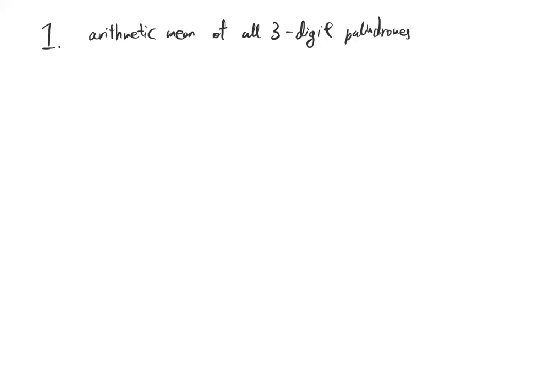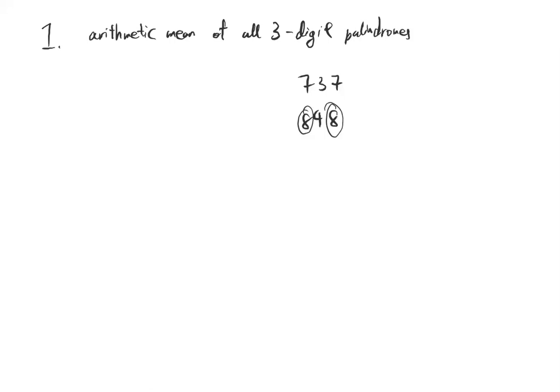For example, 737, 848. As you can see, the first digit and the third digit are the same. As long as this condition is satisfied, it's basically a palindrome. This question is asking for the arithmetic mean, which basically means the average of all of these numbers.